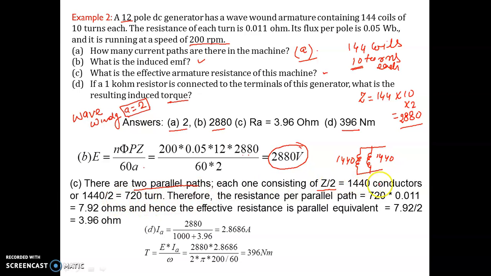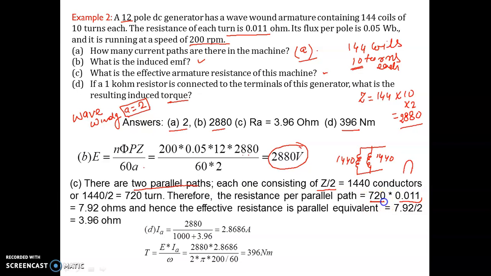The number of turns is just half the number of conductors, because 2 conductors make 1 turn. So you have 1440 divided by 2, which is 720 turns. Resistance of each turn is given, 1 turn resistance is 0.011.